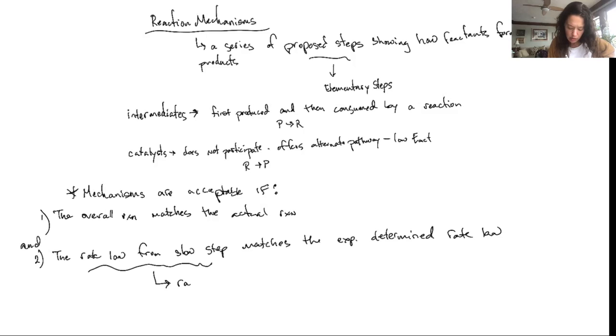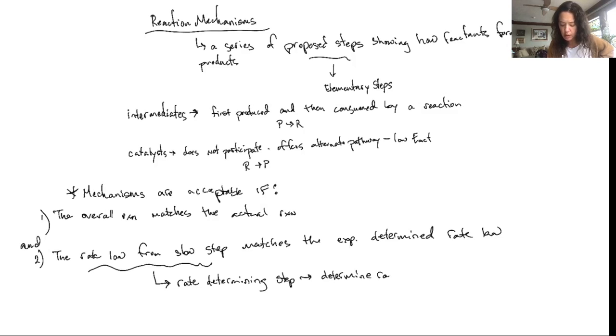This is the rate determining step. Think about it. You are going through a process. You're in the kitchen making a pie. What determines the actual rate is that slowest step, whatever takes the longest. So the slow step is the rate determining step, and it will therefore determine the rate law.